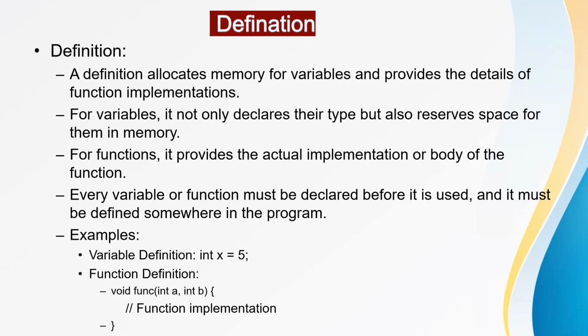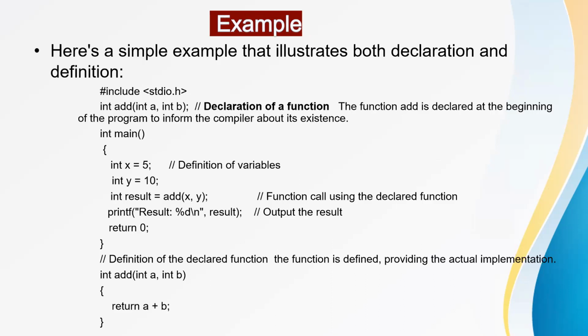The main difference is that a declaration just informs the compiler about the data type and what variables we use.